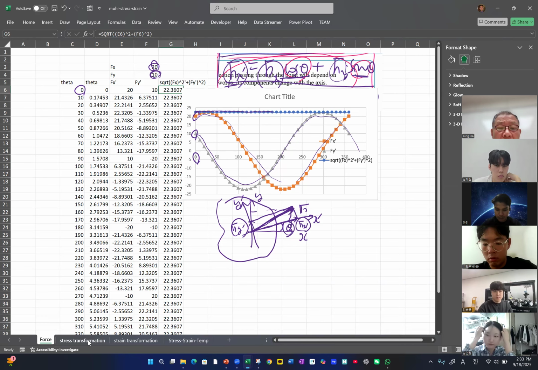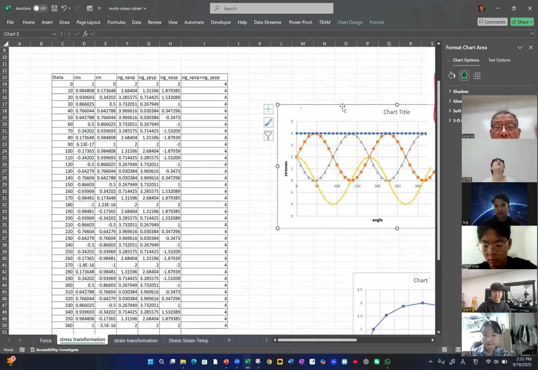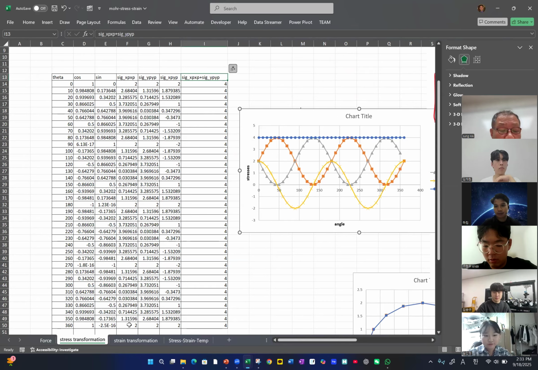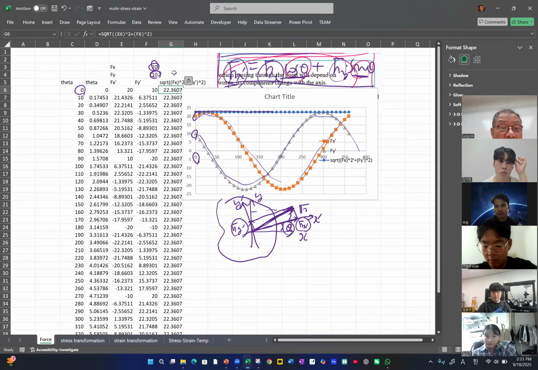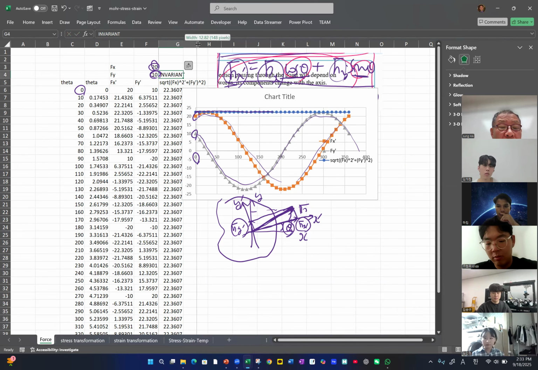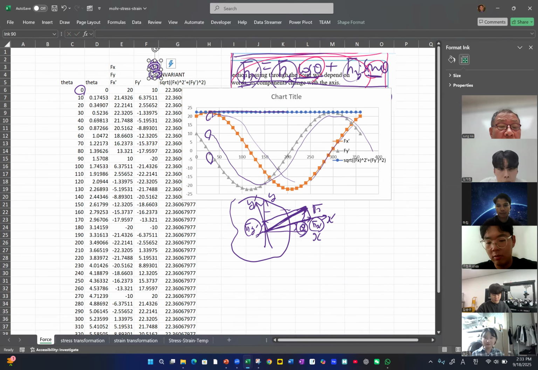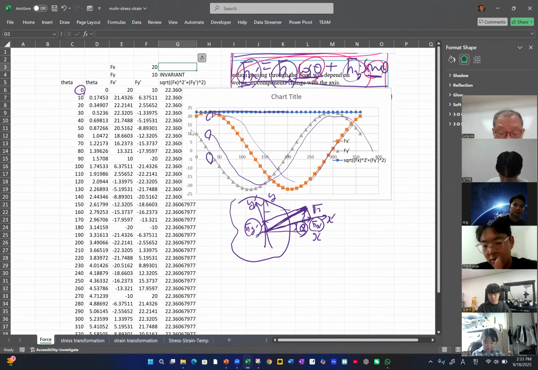That's exactly the same concept as the invariant. We call it invariant. Invariant means something which does not change. Very important concept in the vector.